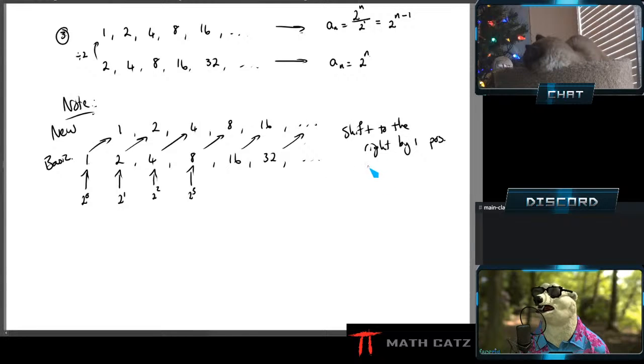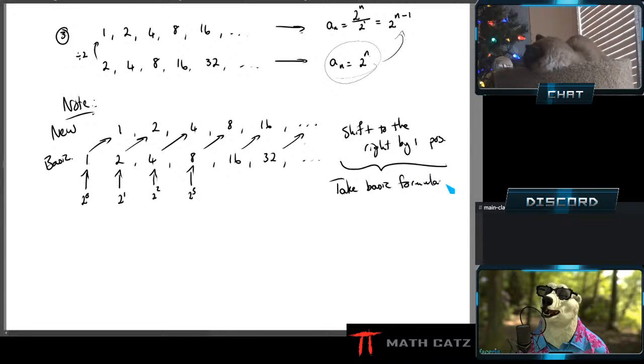When we do that, the effect from the original formula to the new formula is, I'll write it out nice and clearly: take the basic formula, that's the one I have, and replace n with n minus 1, which is exactly what we did.